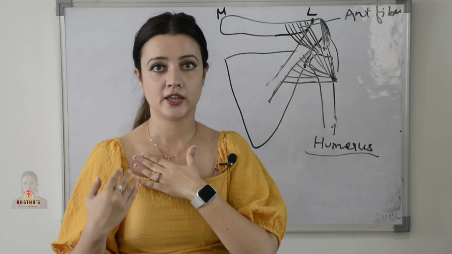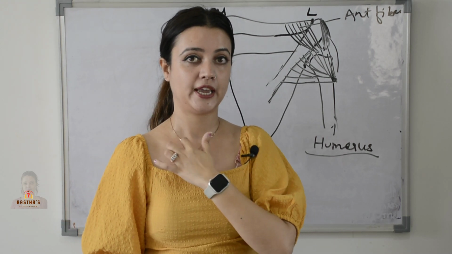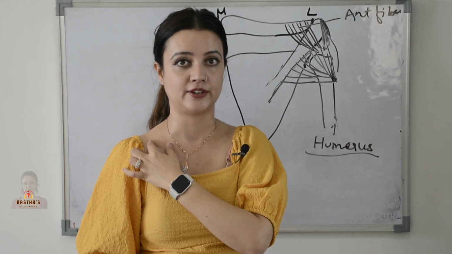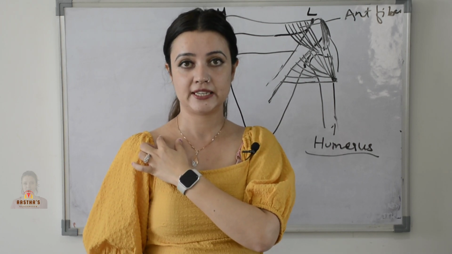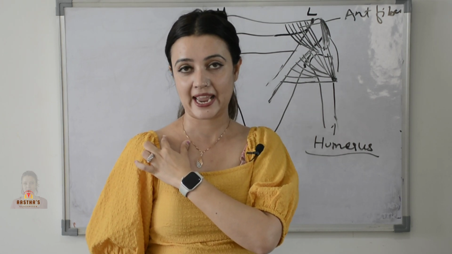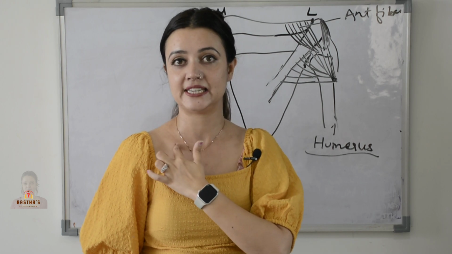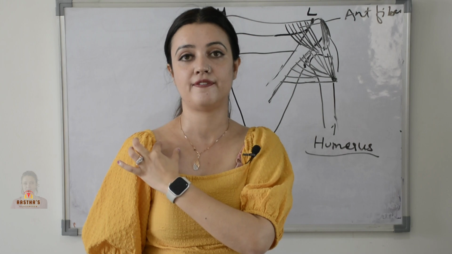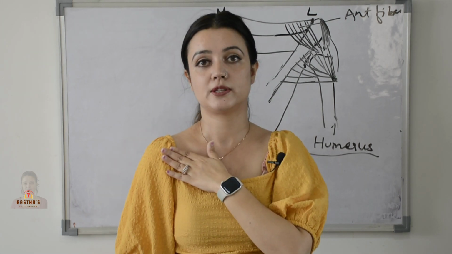In our body, this is the clavicle, right? In clavicle, this is the medial end and this is the lateral end of the clavicle. So the anterior fiber of deltoid originates from the lateral end of the clavicle, which is anteriorly present. That's why it is also called the anterior fiber of deltoid. Now, why is it called the middle fiber?